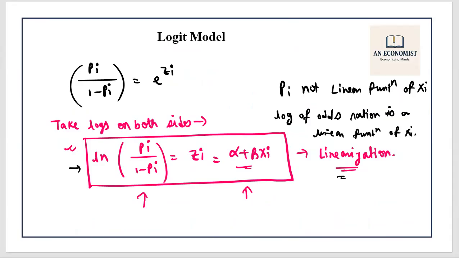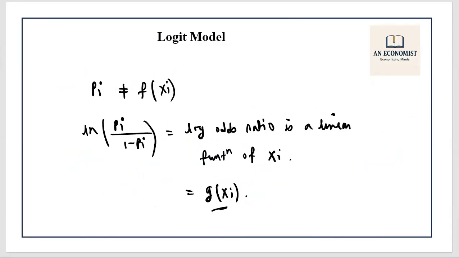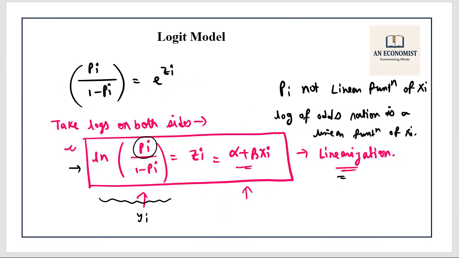This is the linearization process. And observe here, the dependent variable yi and the probability pi are not equivalent. Yi cannot be expressed only in terms of pi. This entire thing is yi. So I stopped at this place: probability is not a linear function of xi.